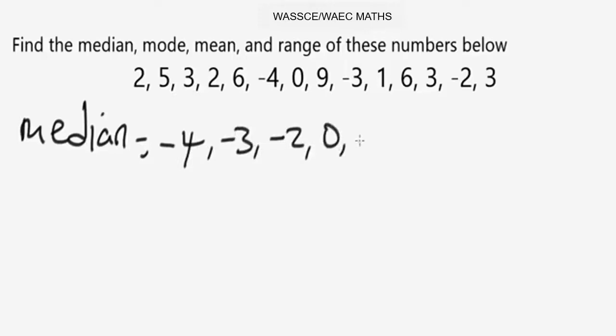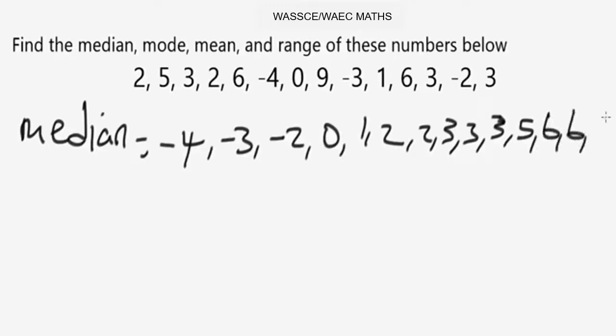We have 0, we have 1, we have 2, we have 2 again, double 2, we have triple 3, we have 5, we have double 6, and 9. So we have arranged these values in ascending order.